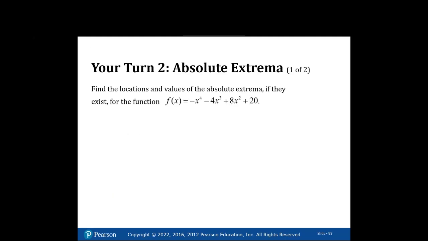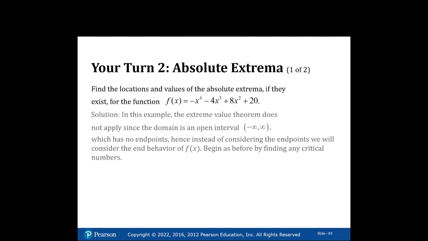Here we're going to do it again, more absolute extrema. So first step, as always, we are going to find that derivative. Remember when I showed earlier, if it's not on a closed interval, it's open, then we have to consider the end behavior of the function, right?